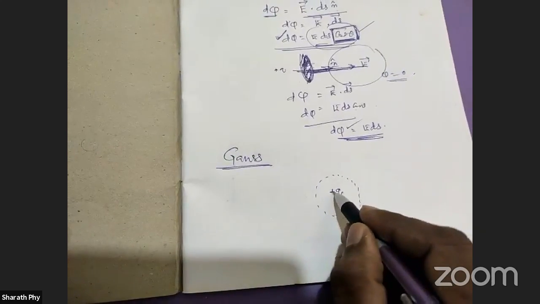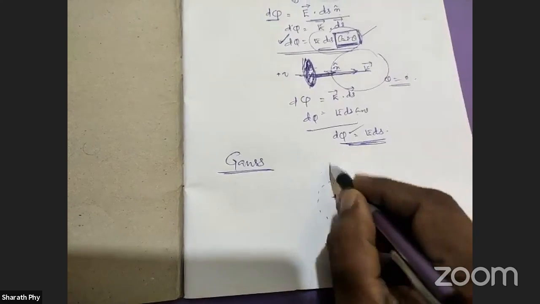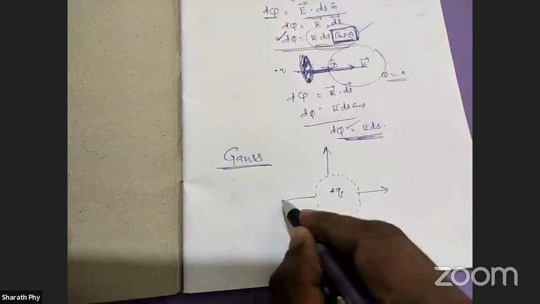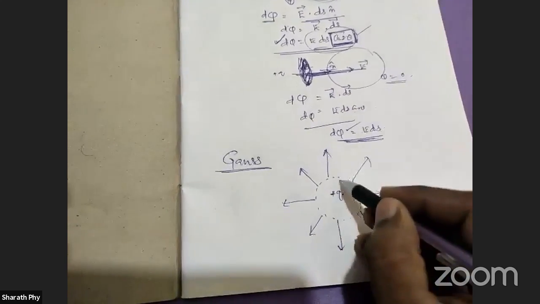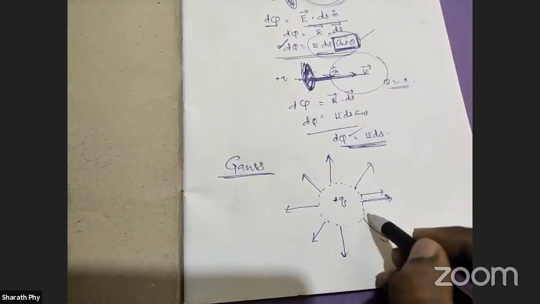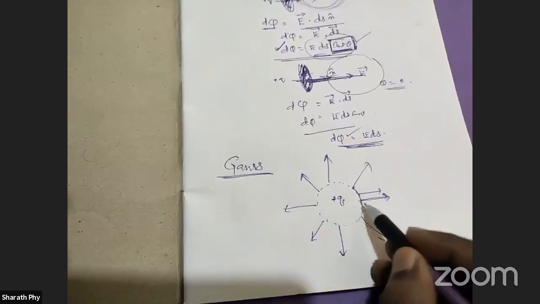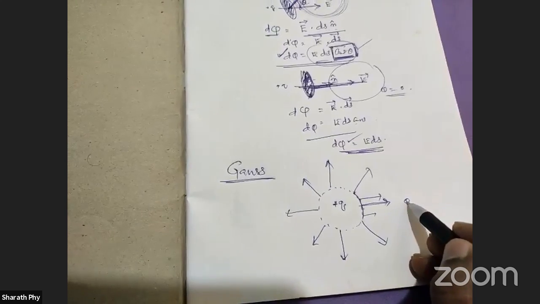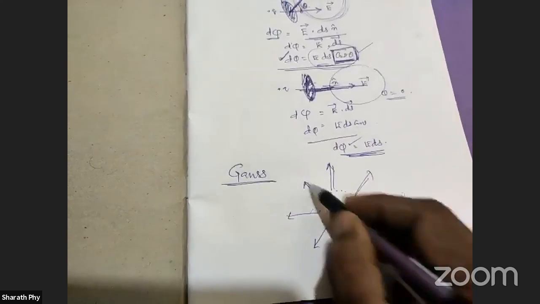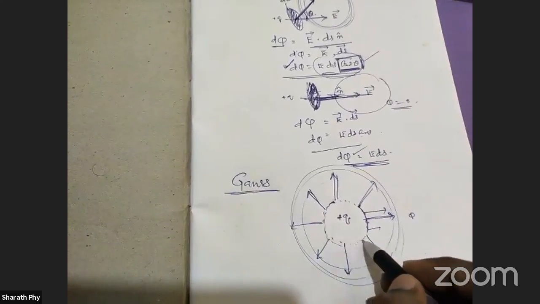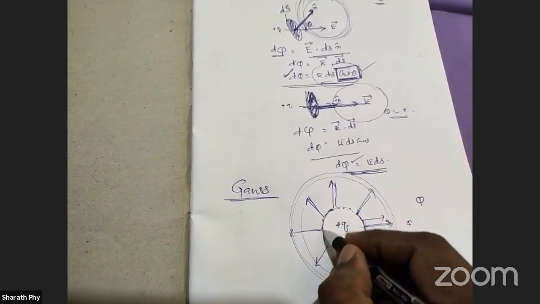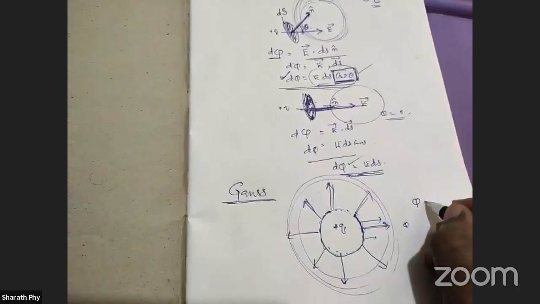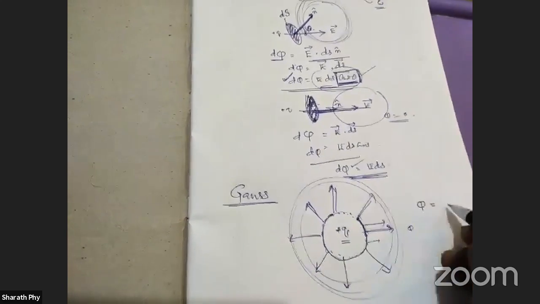Then the electric field lines come out normally to the surface in all directions. So what is the flux? The electric field lines coming normally from a surface is the electric flux. So how to calculate the total electric flux around this imaginary closed surface? He says that the flux linked with the closed surface is equal to the charge inside it.